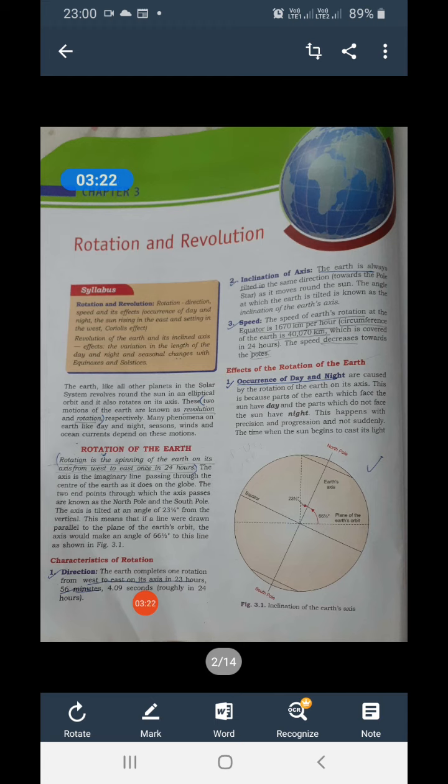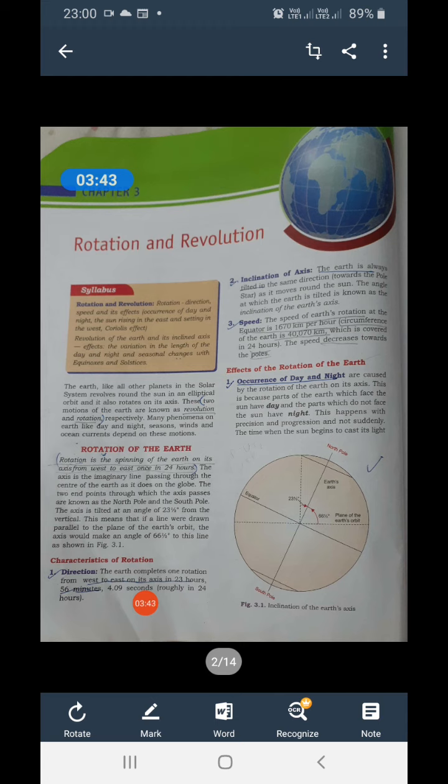Now this angle at which the earth is tilted is called the inclination of the earth's axis, which I will explain to you later in the chapter in detail, along with its effect. So the second characteristic of rotation is that the earth is inclined at a certain angle.